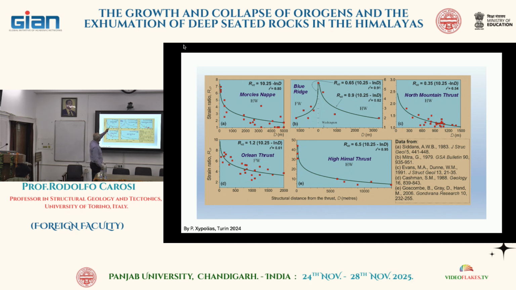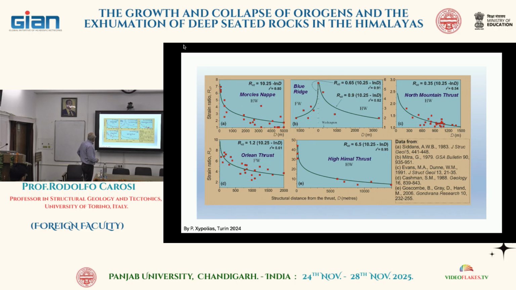We have the external part of the Alps, Blue Ridge in USA, North Mountain Thrust maybe also in USA, Himalayan Thrust in eastern Nepal, and the Orleans Thrust. I don't remember where the Orleans Thrust is. Cashman, maybe also North America.